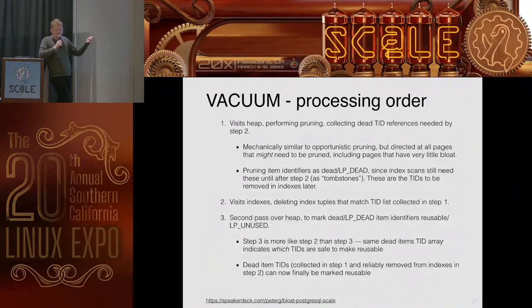The TIDs point to dead item identifiers. There's an array of TIDs. We delete those from the indexes in the second step, and in the third step, we go back to the heap pages themselves, and then we make those dead item identifiers reusable, so it's safe to reuse them then.